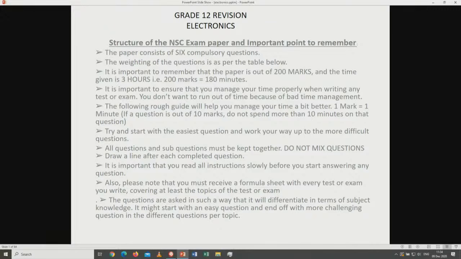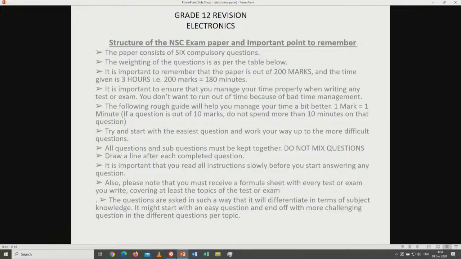Try to start with the easiest question and work your way up to more difficult questions. That simply means start with a question that you feel more comfortable with, and you'll see how you go with the rest of the questions, so as to save time on things that you may not remember at times.